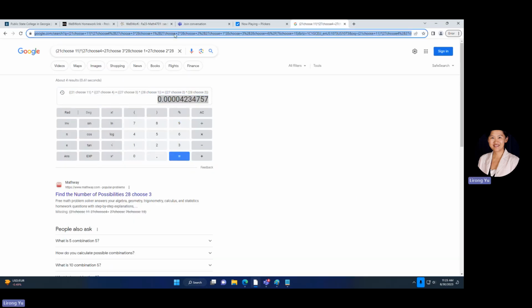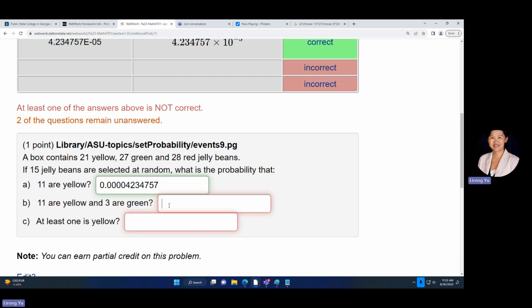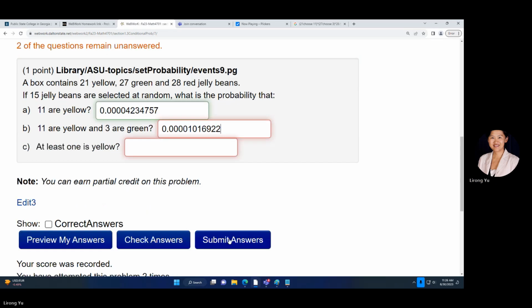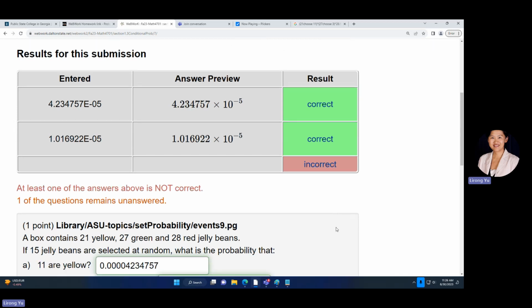Into our calculator. It's even smaller because we have fewer scenarios. The denominator is really large, 76 choose 15. It's a really large denominator, which calls for the fraction to be super small. And that will be the answer for part B.